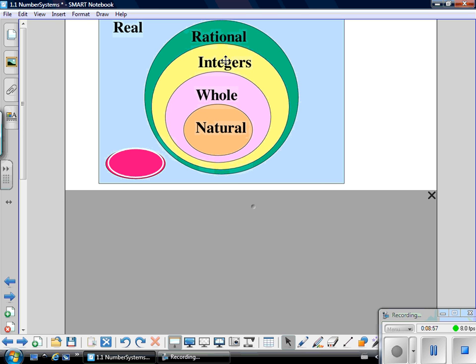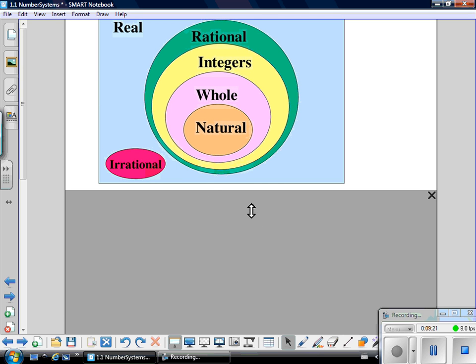An integer could be a rational number. It may be a whole number, but not necessarily, especially if it's a negative number. And then what we have here in pink is a little group all by itself, and that's called the irrational numbers.